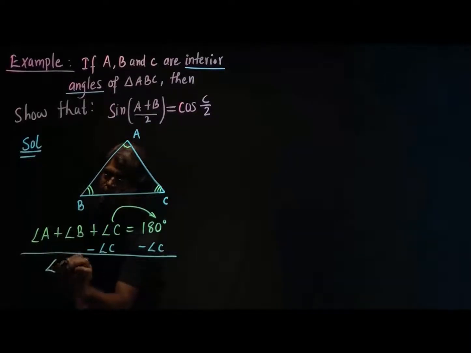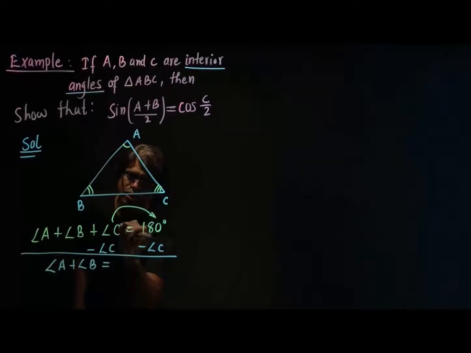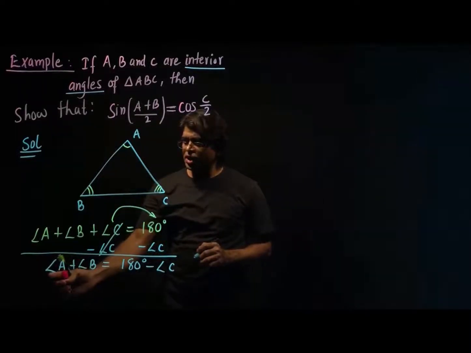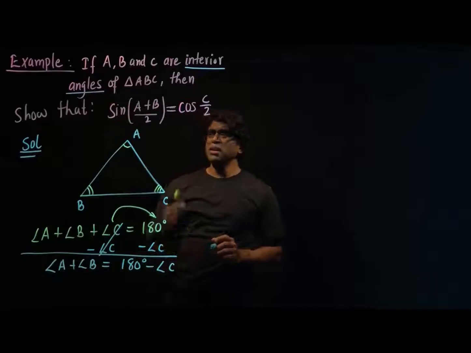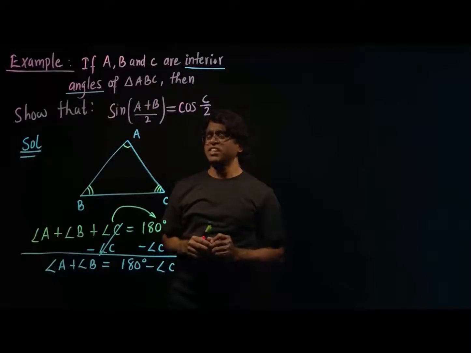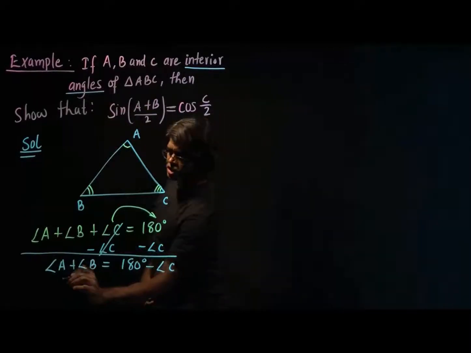And if I do that, I have angle A plus angle B is equal to 180 degrees minus angle C. Now I'm going to get rid of the angle symbol, because in the question and the answer, the symbol is not given with A, B and C. So it's a good idea to just drop that symbol.